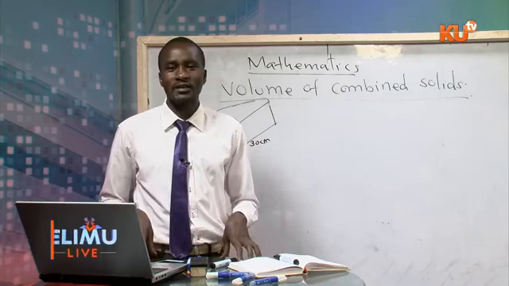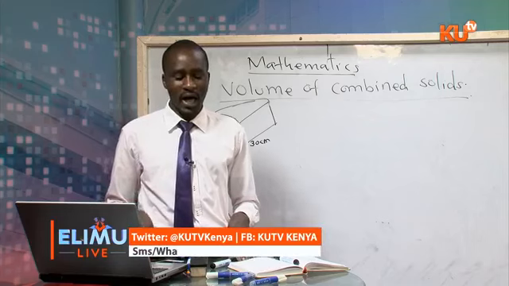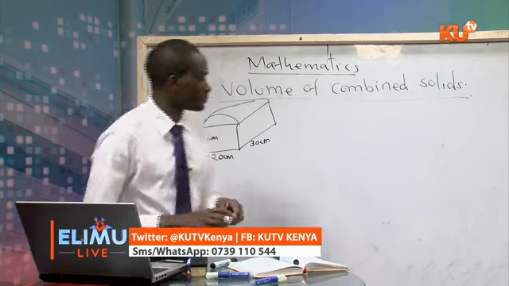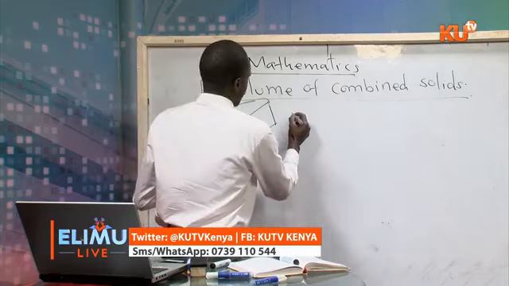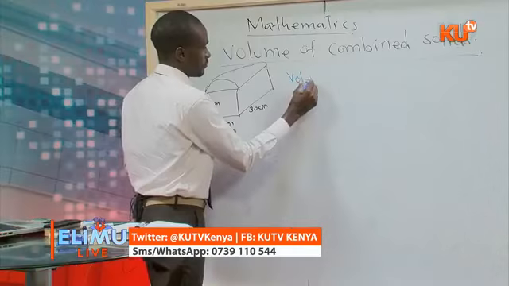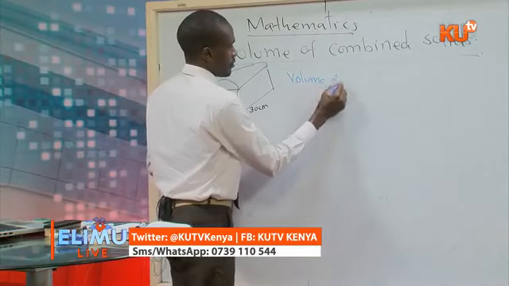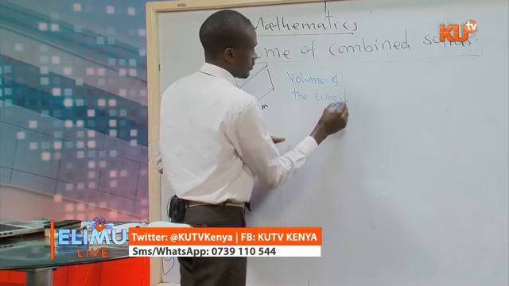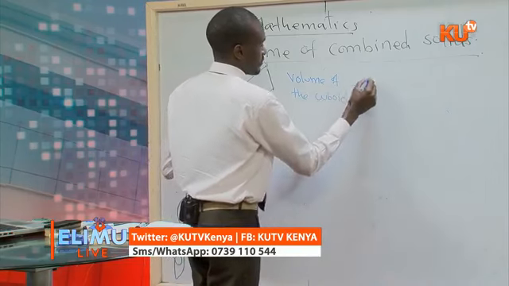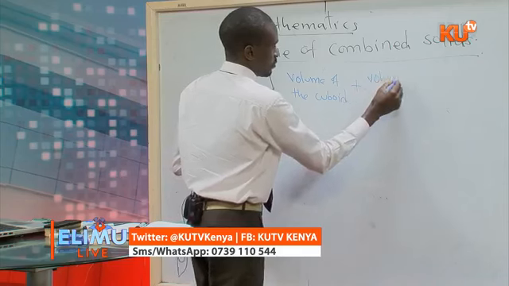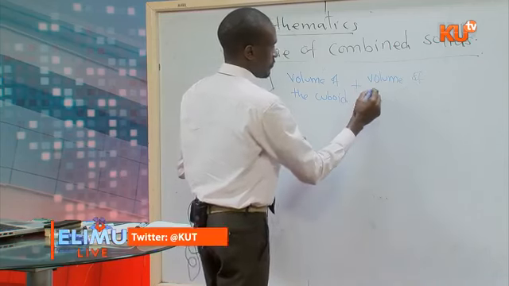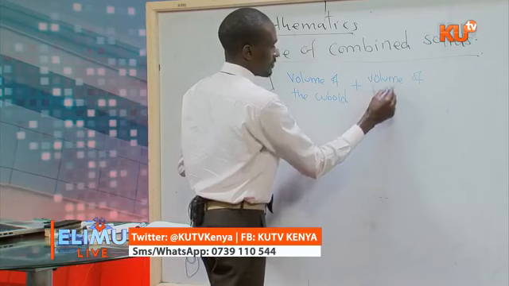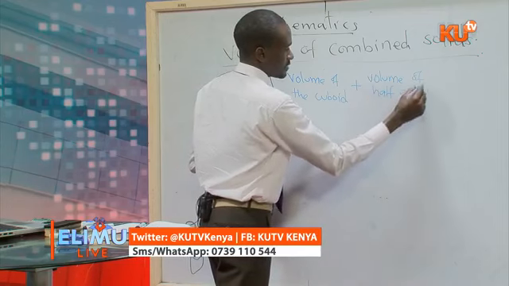Now half a cylinder is half pi r squared h. Now of this, volume of the cuboid plus volume of half a cylinder.